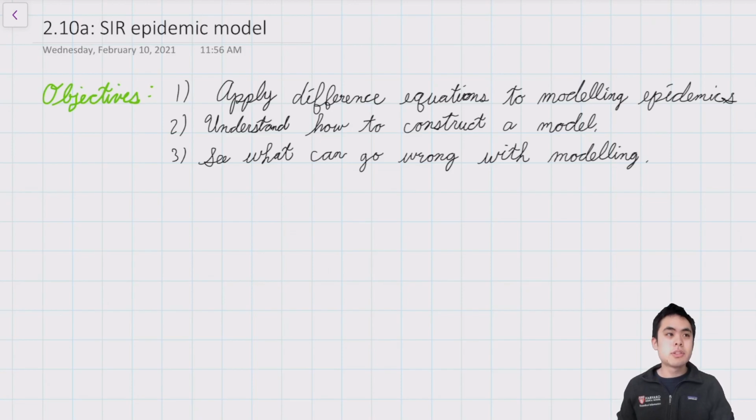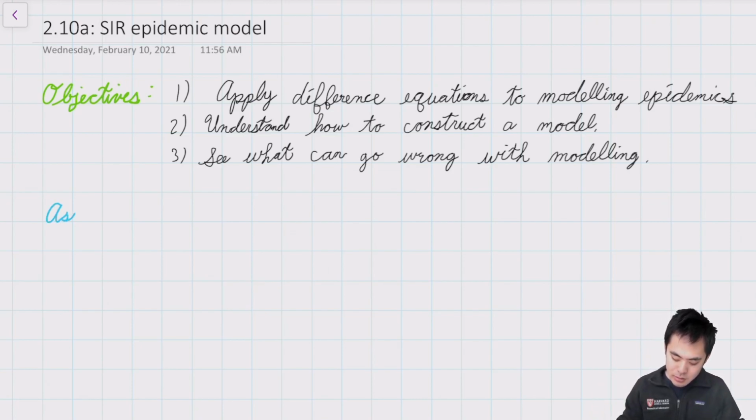Okay, so let's start by putting some assumptions on the model. So we're going to be talking about an epidemic, and many epidemics spread when people come into contact with each other, right? So let's say assumption 1. I'm going to call this 1A actually, because we're going to modify this in a moment. Assumption 1A.